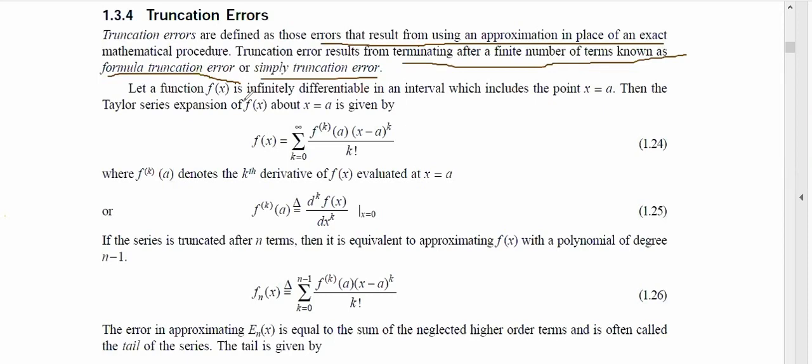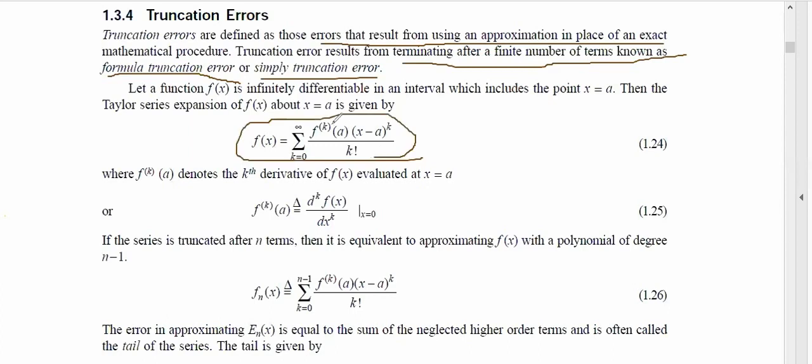And this is the point at which we are going to evaluate. Then f(x) equals the sum for k ranging from 0 to infinity of f^(k)(a) times (x minus a) to the power k upon factorial k. This is given by the Taylor series expansion. Is this part clear?